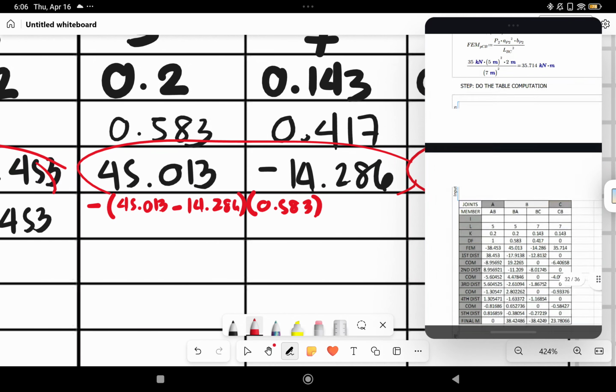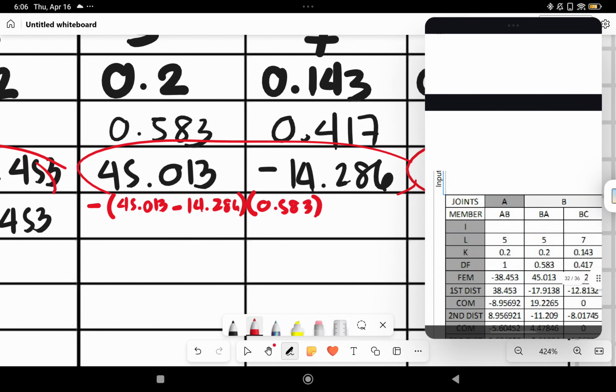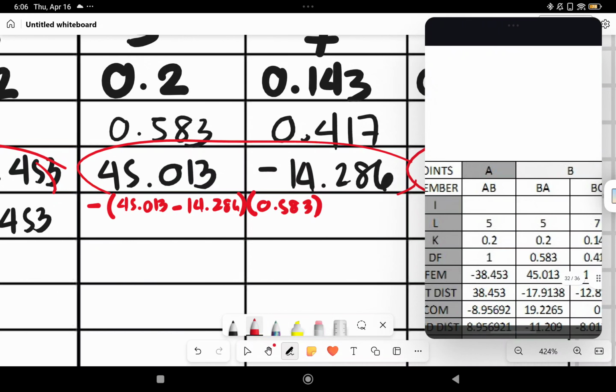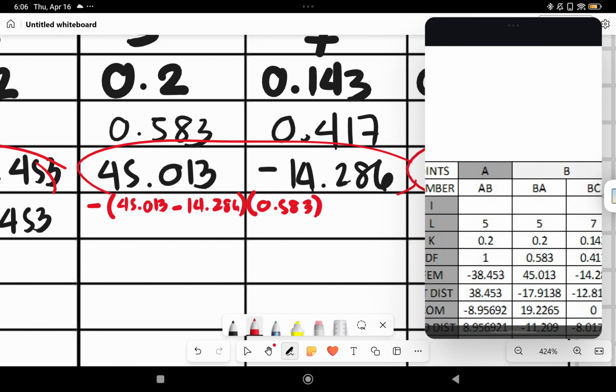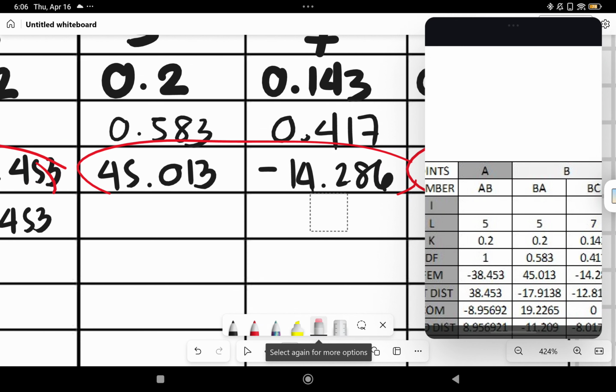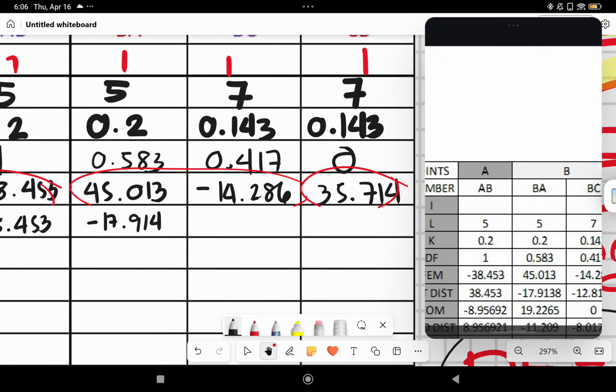Let me just repeat the process here. That is equal to negative 17.914.